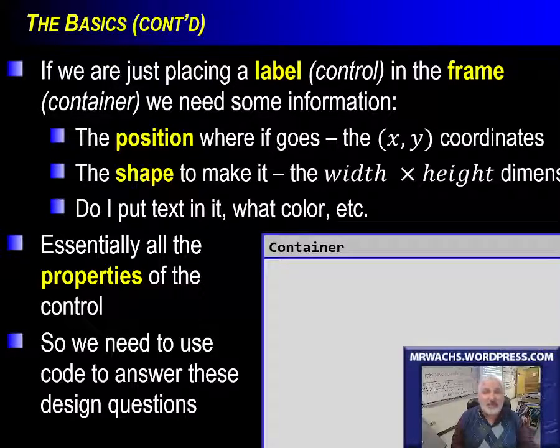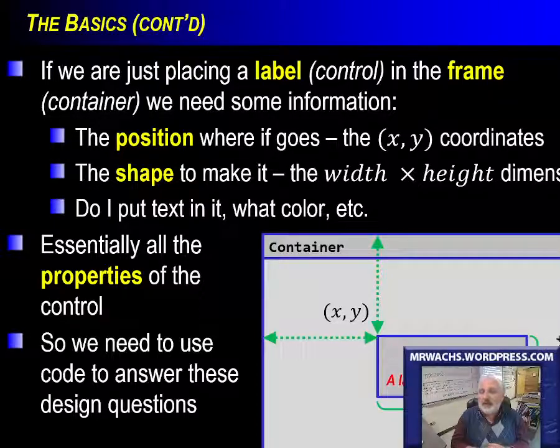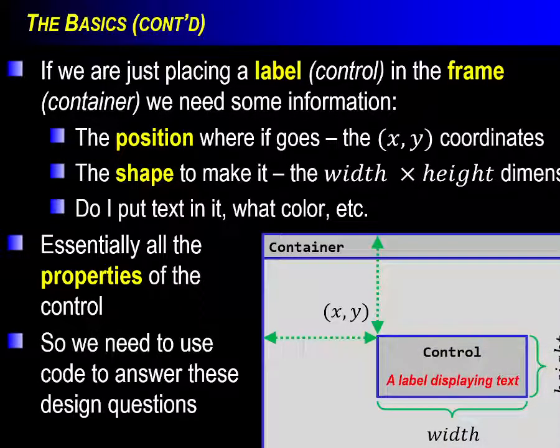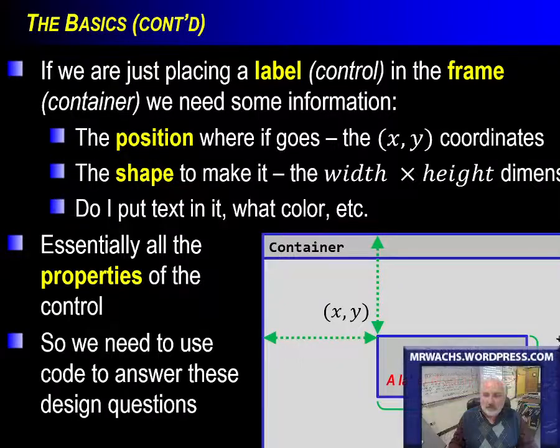If you think about position, that's like an XY coordinate. If you think about shape, that's like a width-height coordinate. So if you think about it, a label, and let me just for a second here, just take my face off there. That label has a certain width and a certain height based on where we're positioning it. Okay.